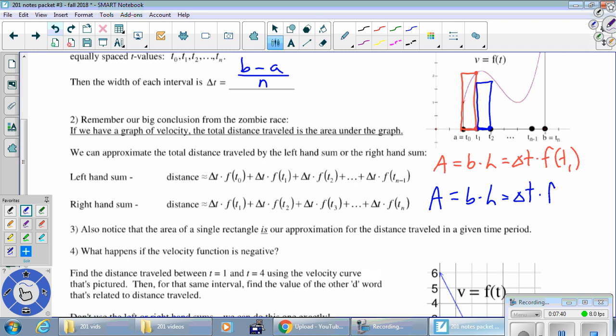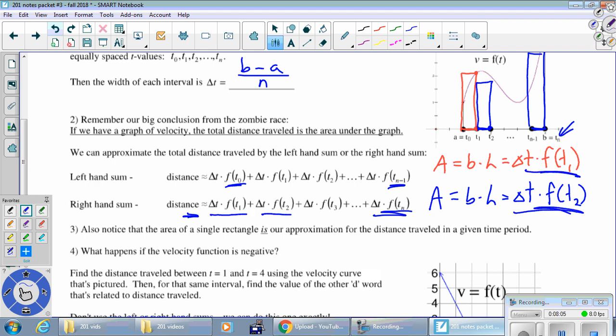It was the one at t2, so f of t2. And if we look at the very last rectangle, picking the right-hand point, it's off the screen, but that's okay. Imagine completing it. So that means that the very last one is going to be f of t sub n. So this last one does get to t sub n. That one didn't. But this one does not have a t sub 0, and this one does. So you can see the f of t1, f of t2, there, and then ending at f of tn.